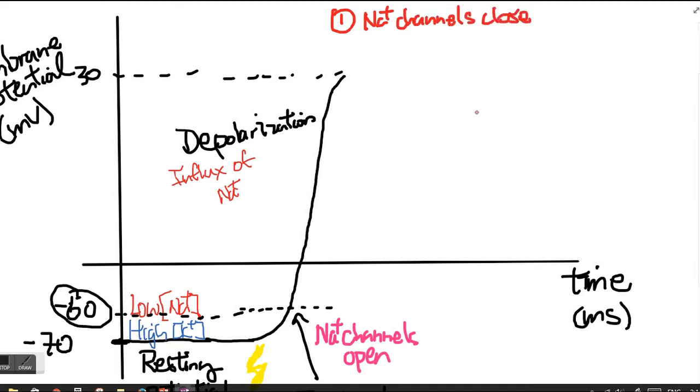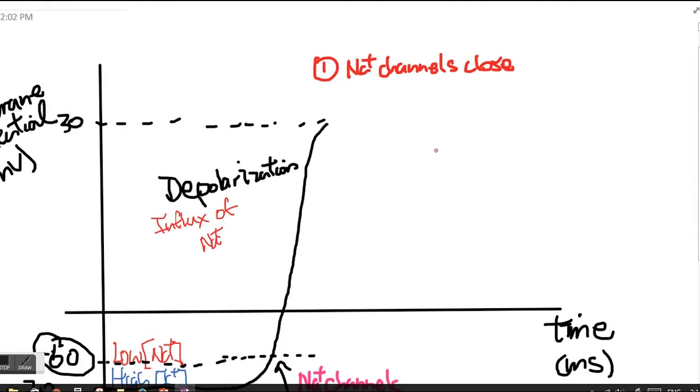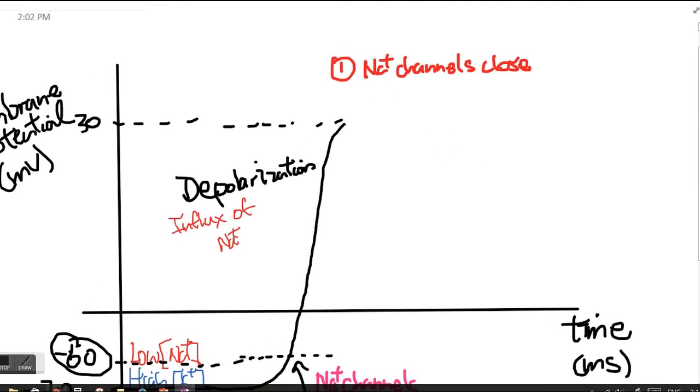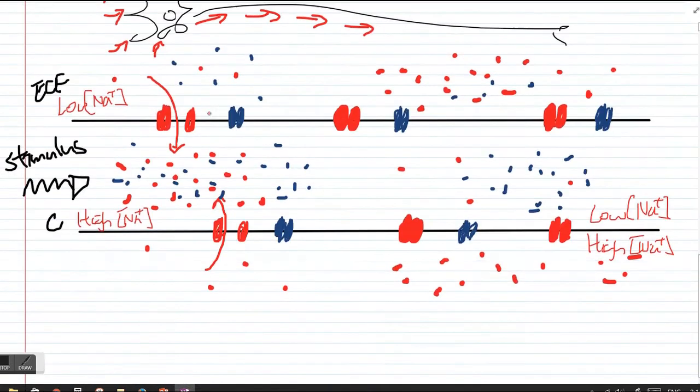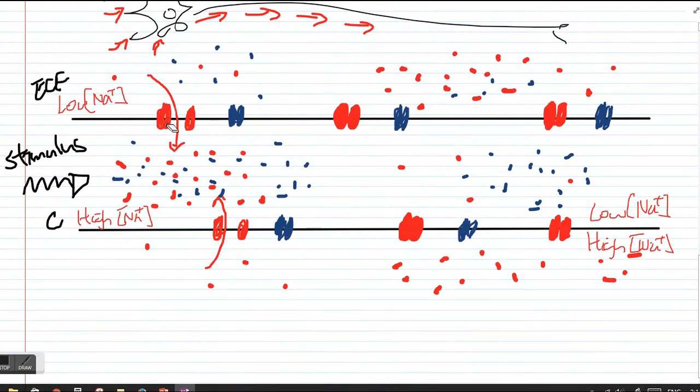And they enter the refractory period that we talked about. So let's go back here and see what happens. Once this sodium comes in, we will now close the channels.